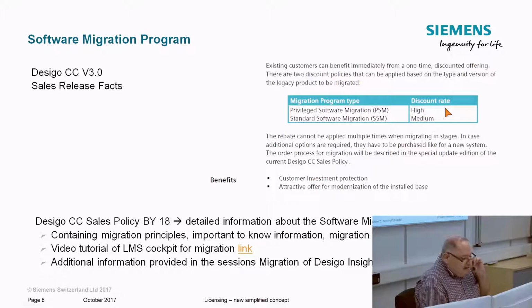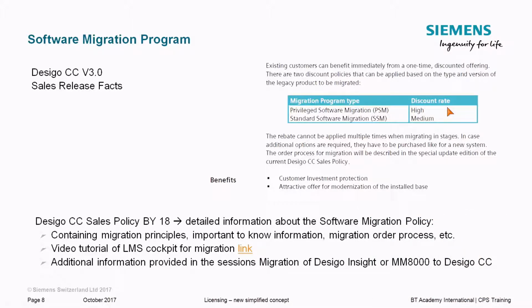And these discount rates are dependent on what kind of Desigo Insight version, for instance, or MM8000 version is being migrated into the Desigo CC. So, for instance, Desigo Insight version 5.1 and later get a higher discount rate, and the ones before version 5.1 get a lower discount rate, basically.